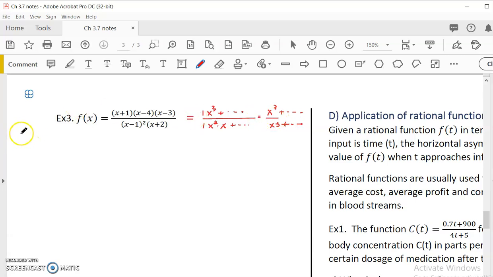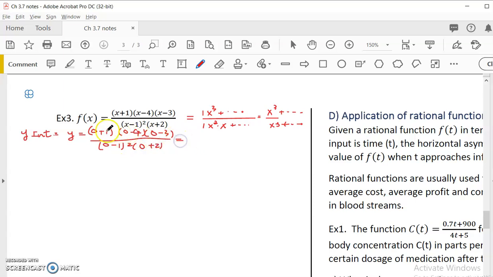So the first thing we do when we graph is the y-intercept. The y-intercept is no solving, just plug in, right? So y is equal to, with x equal to 0, 0 plus 1, 0 minus 4, 0 minus 3, divided by 0 minus 1 squared, and 0 plus 2.